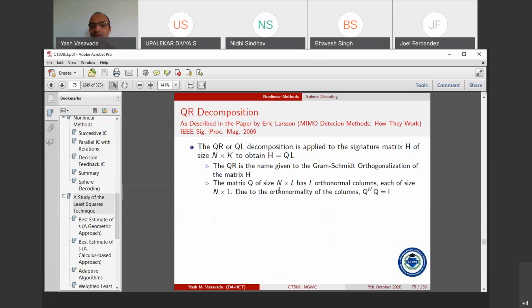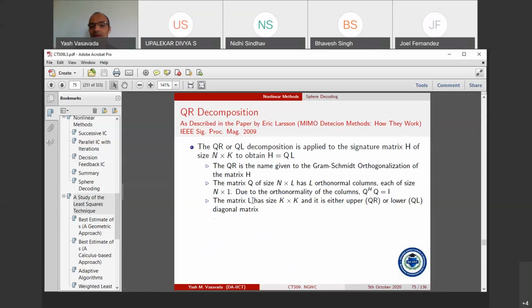And so with that, we would have decomposed H into Q times L. Q is the matrix of orthonormal columns, and so Q Hermitian Q is always equal to the identity matrix. And L has a size of K cross K.